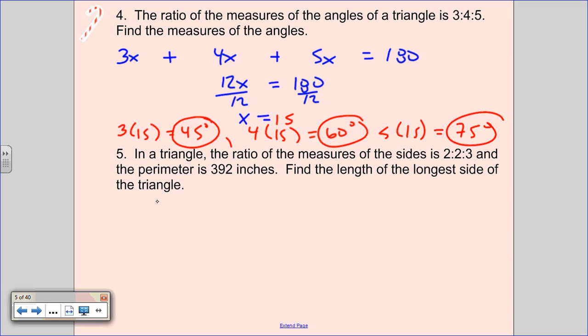So you would do 2x plus 2x plus 3x is equal to the perimeter, which is 392. Then once you find x, you need to sub it back into the last one only, 3 times it for the longest side. Now take a picture when you're finished and submit.